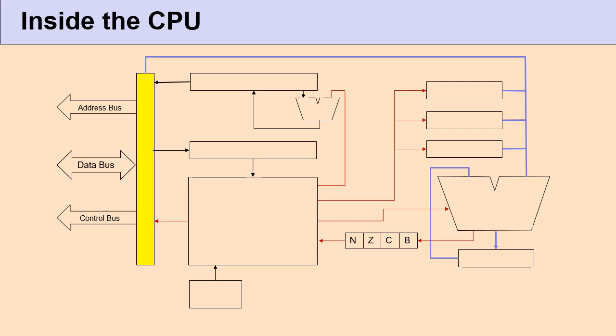So these are the primary components that make up the CPU. Now each of these components has a role, right? For example, the ALU is responsible for carrying out the arithmetic and logical operations. The control unit generates all the controlling signals to other modules in the CPU.